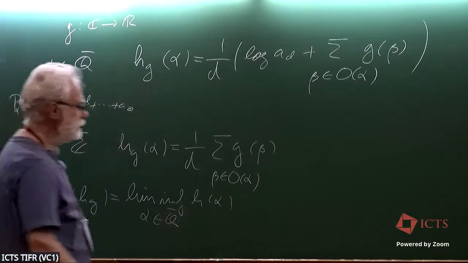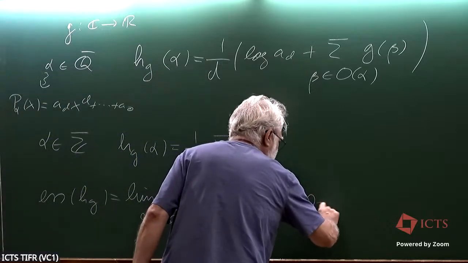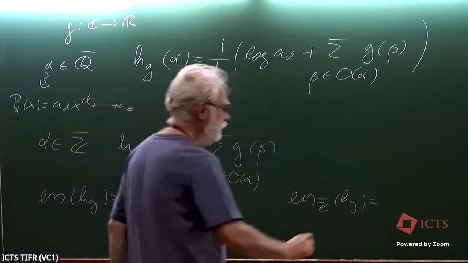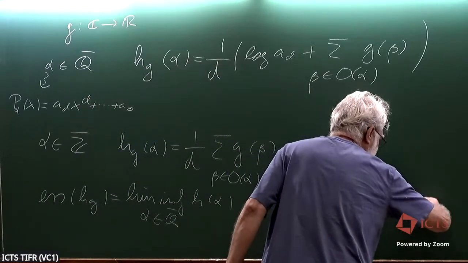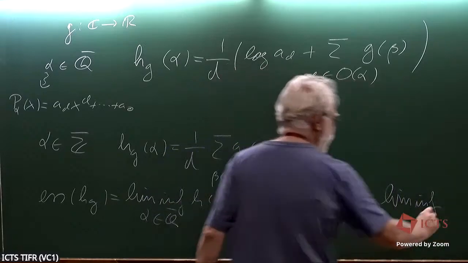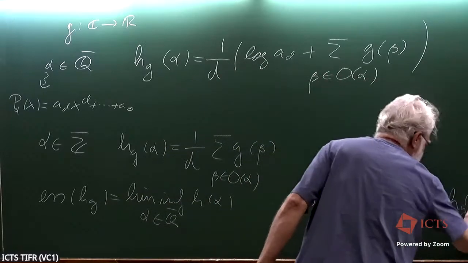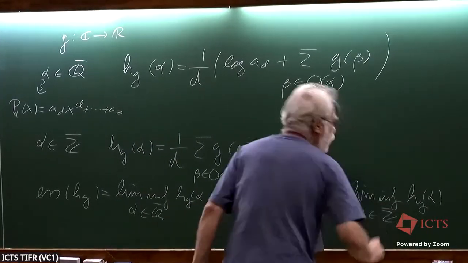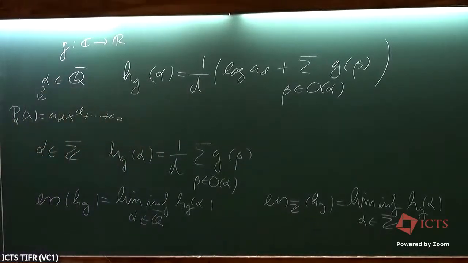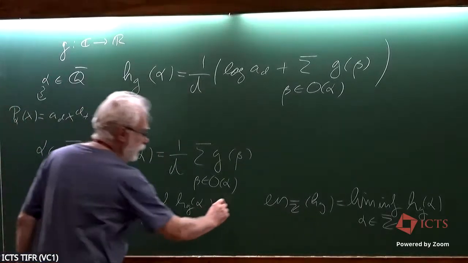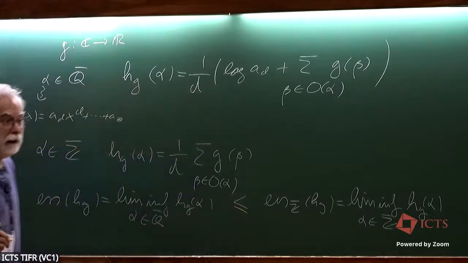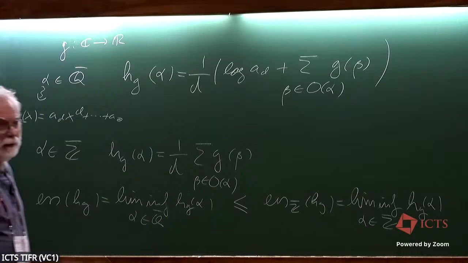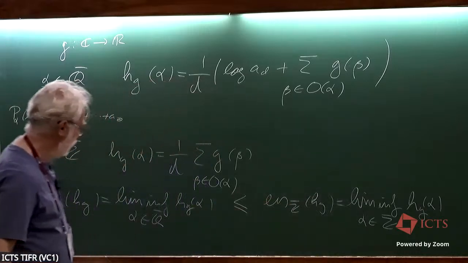And then the essential minimum, but the integral one, of h_g will be the same, the lim inf of h_g of alpha, but now alpha will run only on algebraic integers. And then, of course, we have an inequality like this because here we have just more points. Since we have more points, then we can maybe go below this element here.